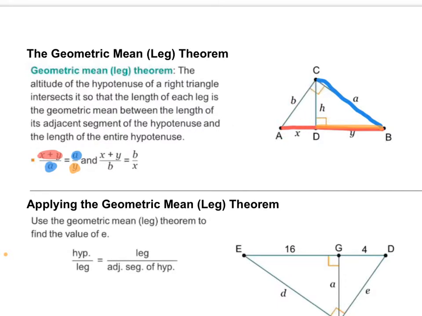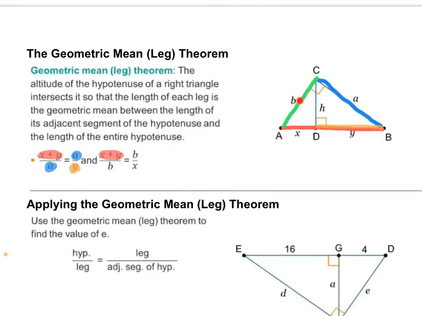So watch what I do. I'm going to do x plus y, that's in red, that's here, and I'm going to divide that by b, and b is the smaller leg of my whole right triangle.